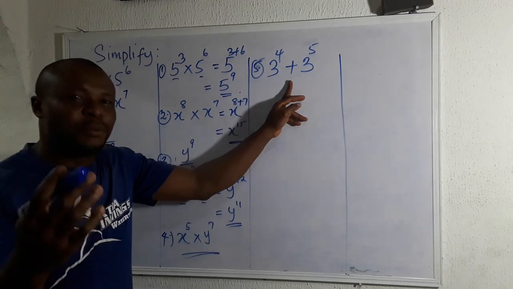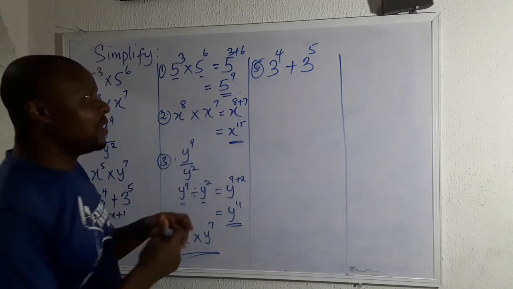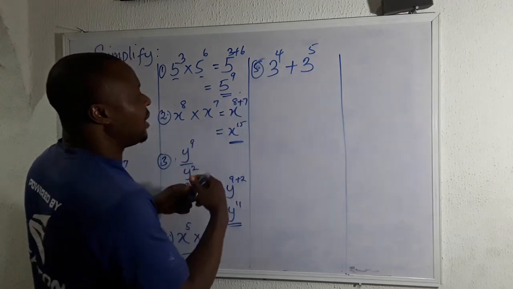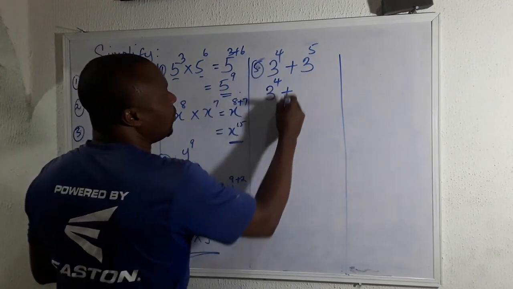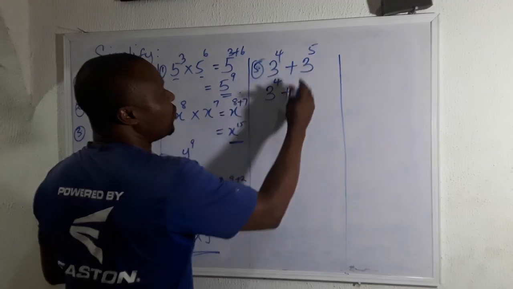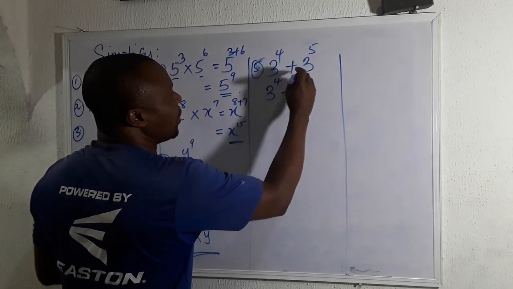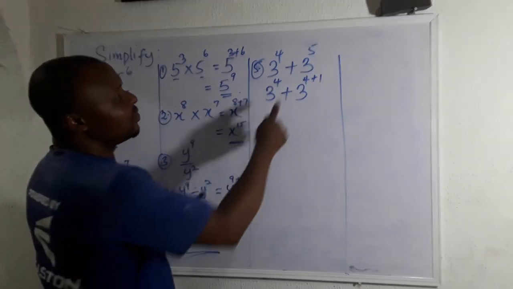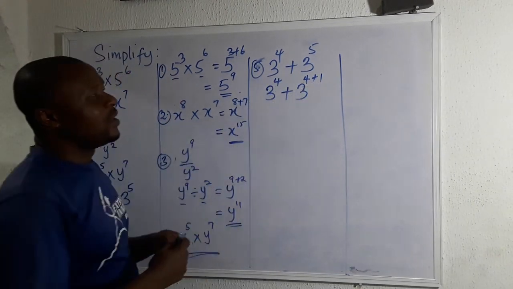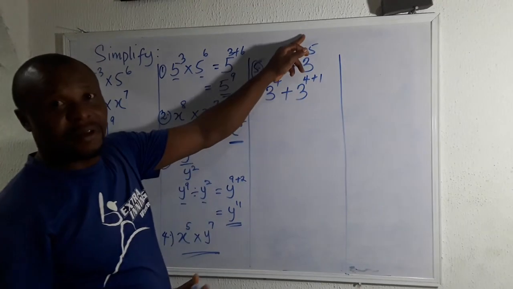So we are going to do a little bit of mathematics. You will agree with me that we can re-express 3 raised to power 4 plus 3 raised to power 5 as 3 raised to power 4 plus 3 raised to power 4 plus 1. Of course, 3 raised to power 4 plus 1 is the same thing as 3 raised to power 5.